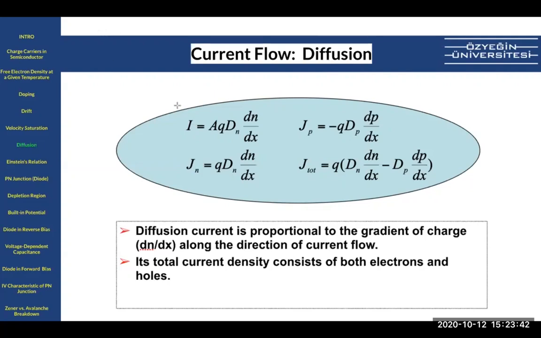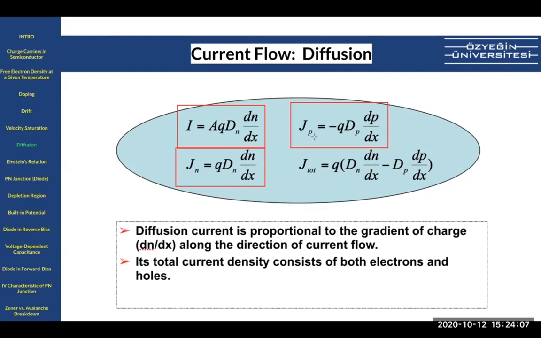So this is the current due to the diffusion of electrons, and this is the current due to the diffusion of holes. Actually, I'm sorry, this is the current density due to the flow of electrons.